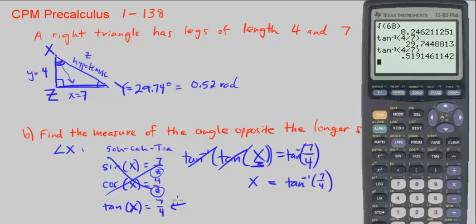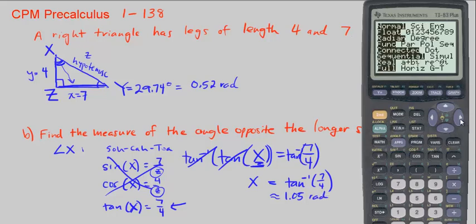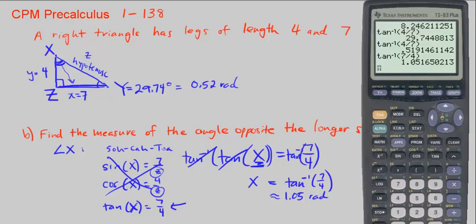Okay, so let's bring out our calculator. Right now we're in radians mode. So if we do the inverse tan of 7 over 4, we get approximately 1.05 radians. If we put our calculator into degrees mode and do the same thing, we get 60.26 degrees.